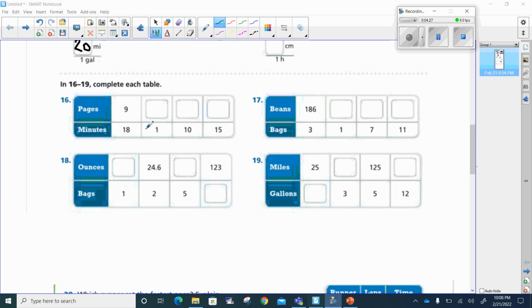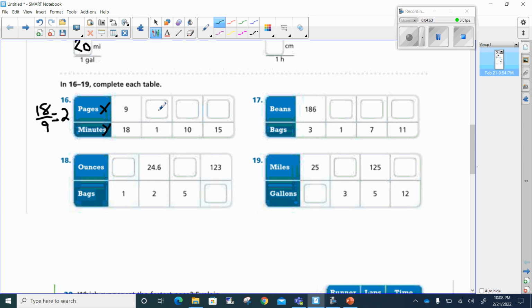Let's not forget, we always put y over x, and if this is x and this is y, that's usually how our tables go. This would be 18 over 9, and 18 divided by 9 equals 2. So we're multiplying whatever is up top by 2 to get to this.